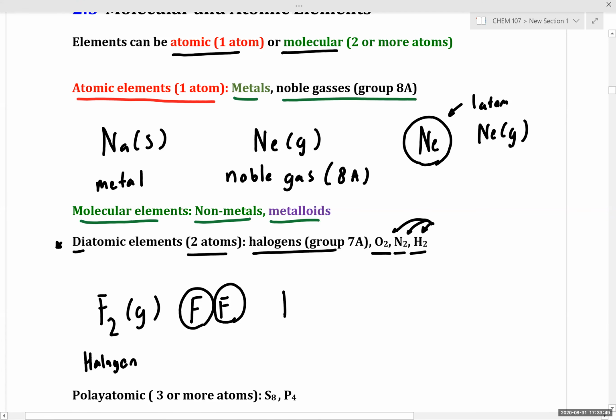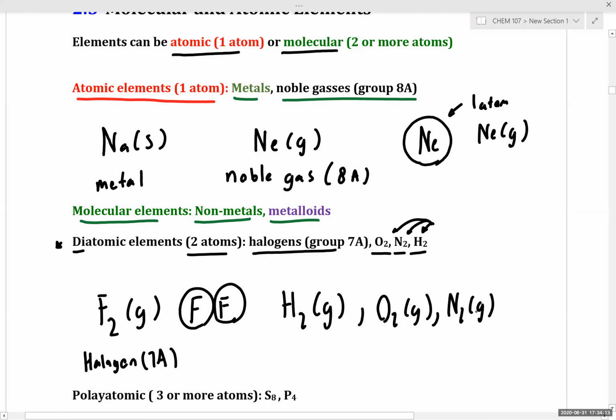Other examples of diatomic elements would be hydrogen, which is written as H2 gas, oxygen, which is written as O2 gas, and nitrogen, which is written as N2 gas. So all of our halogens are diatomic, as well as hydrogen, oxygen, and nitrogen.